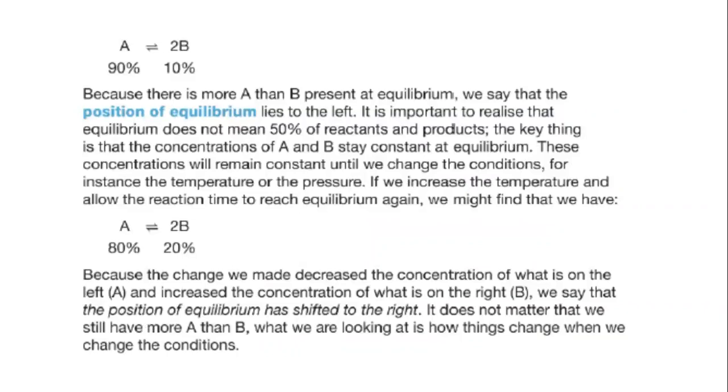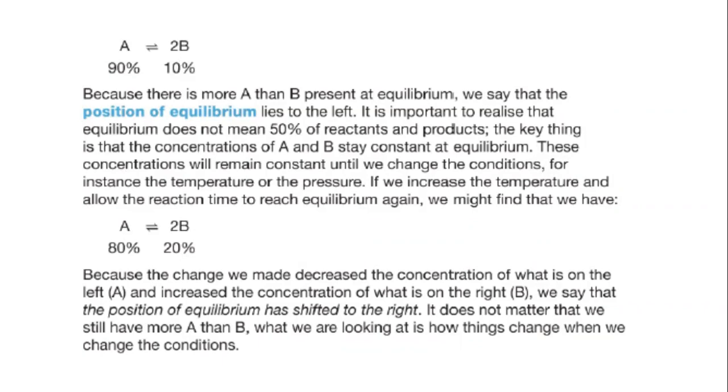So this is basically what we had to understand about the dynamic equilibrium. So let's go ahead and talk about the position of the equilibrium. That is very important. What is the position of the equilibrium?